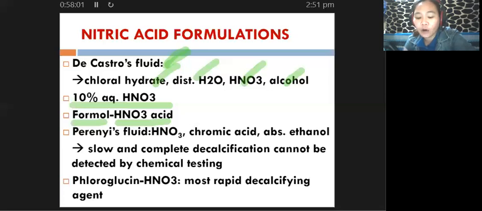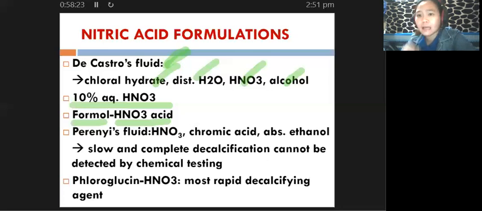We have concentrated nitric acid, and then the other one is your 10% nitric acid. Apart from that, the other component incorporated in this formulation is fluoroglucine. Fluoroglucine is not an additive.